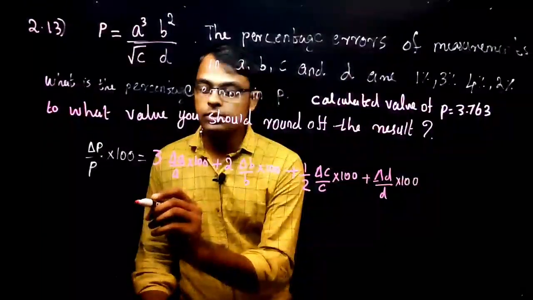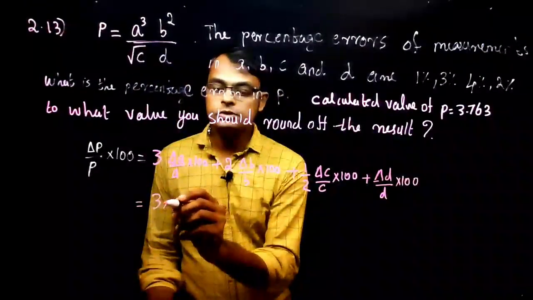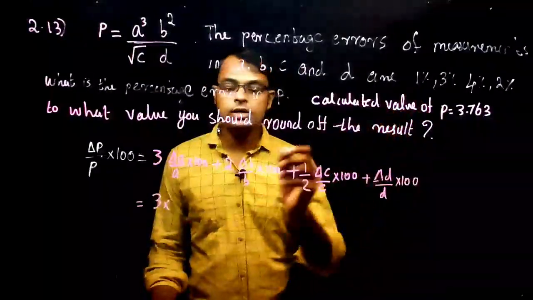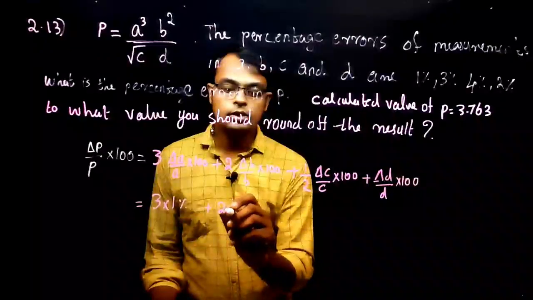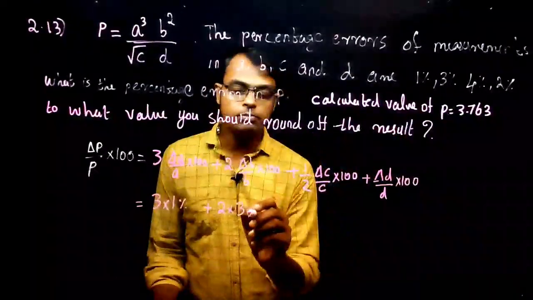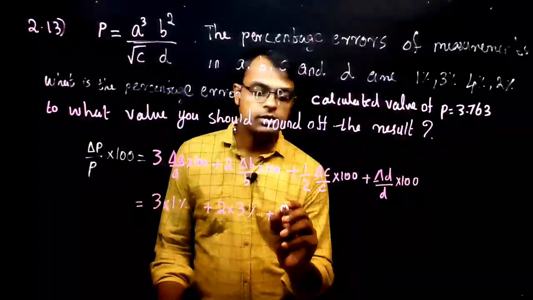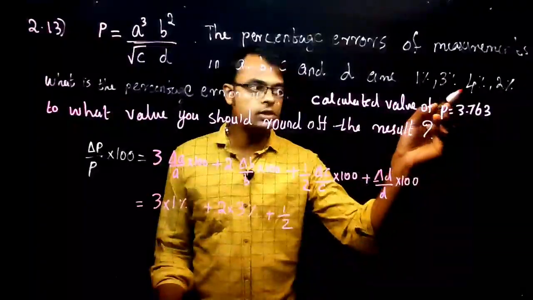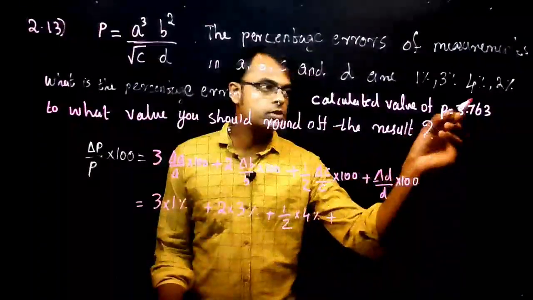So what is the total percentage error in the physical quantity P? 3 times, what is the percentage error in A? That is 1% plus 2 times, what is the percentage error in B? 3%. So 3% plus half into, what is the percentage error in C? That is 4% plus what is the percentage error in D?